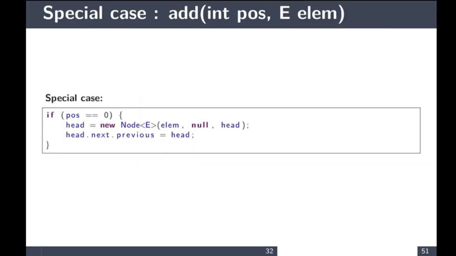So when inserting at position 0, we create a new node. Its next is the current head. And we have to make sure that the second node's previous variable points at head. Is it always possible? Well, maybe not. If the list was empty, it's still valid to add at position 0.